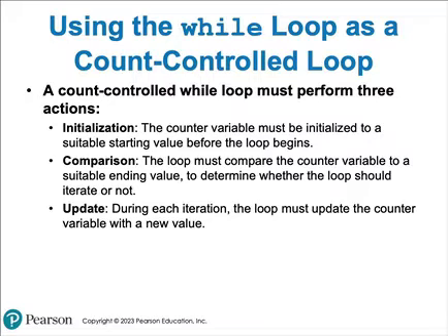Often that's adding 1 to it or incrementing it. And then you go back to the comparison. So you do comparison, update, etc. One infinite loop can be created by following this and forgetting to update your loop value, your loop counter. That would cause you to have an infinite loop.